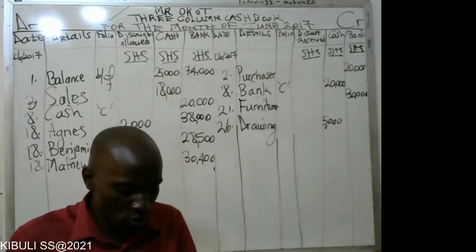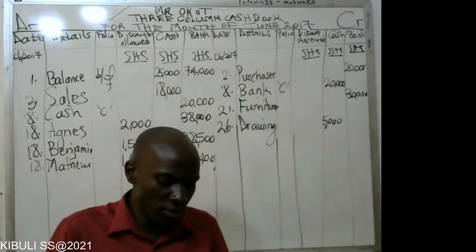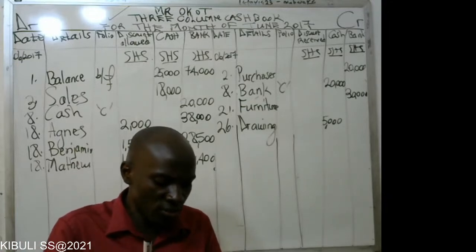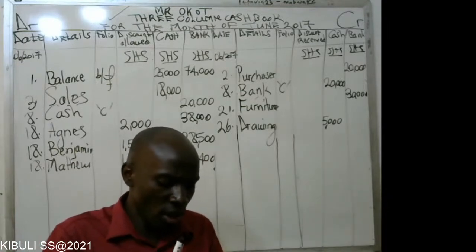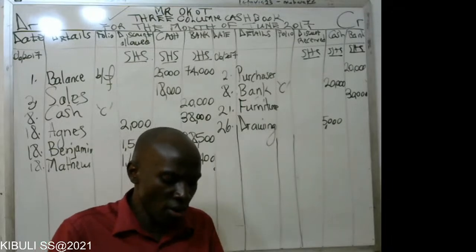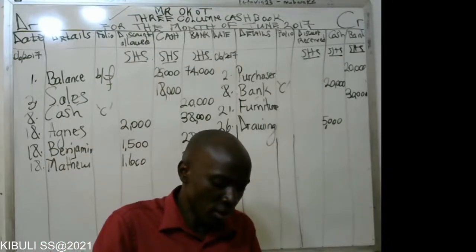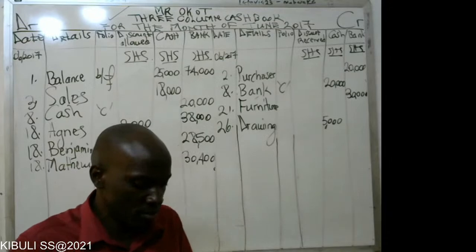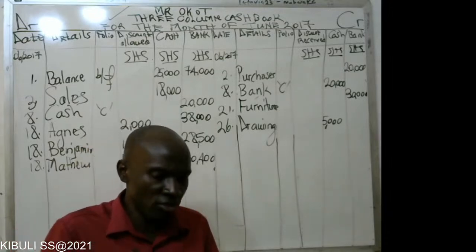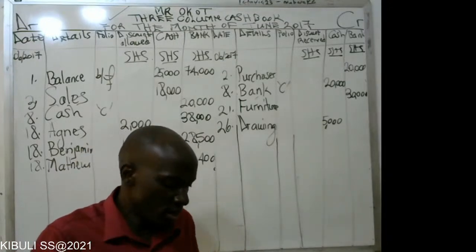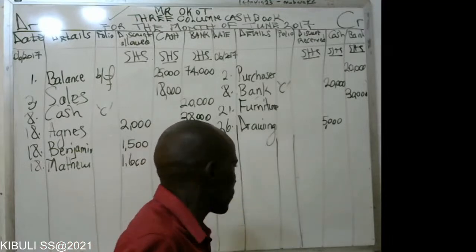Then another transaction is on 28th. Paid salary shillings 8,000 less 2% discount.